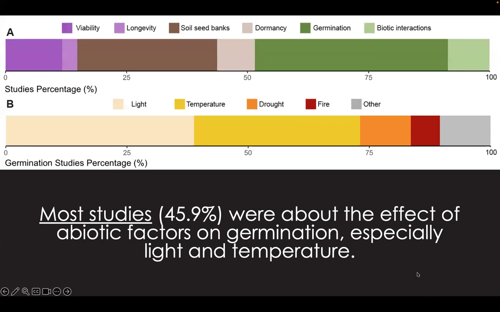So we do have a huge thematic gap, in the sense that most of our studies are concentrated in a specific area of germination ecology. Other studies, for example on seed longevity, seed dormancy, or the interactions between seeds and other organisms, are relatively scarce. So we have an interesting gap to be filled here that we are going to talk about more later.